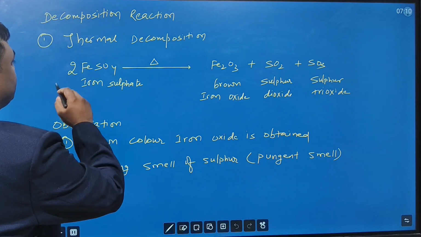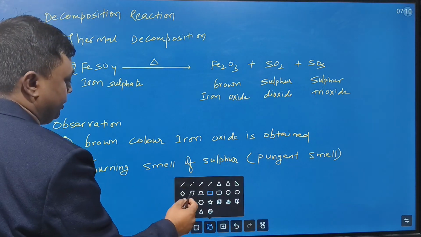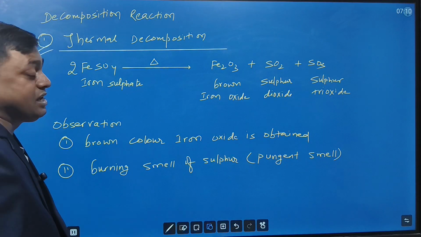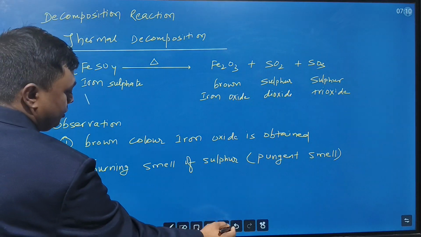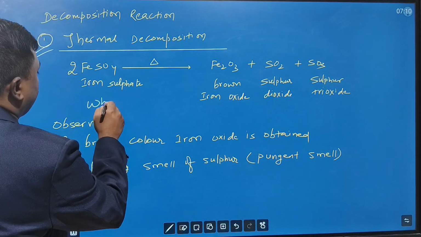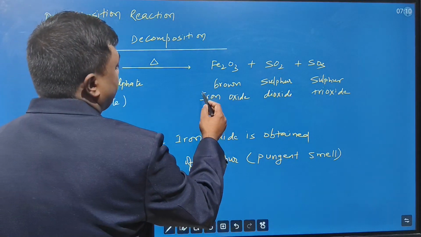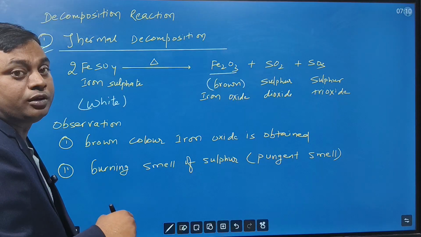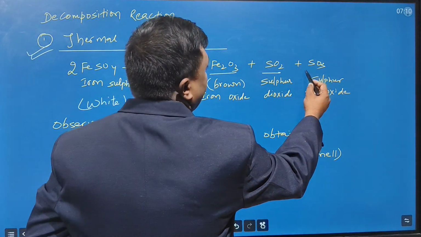They may ask you what the observations are. Another example of thermal decomposition which is very important to remember: when you heat iron sulfate salt, which is a white color salt, in a test tube, what observations will you get? You will get brown color iron oxide Fe2O3 along with a burning smell of sulfur, that is a pungent smell due to the formation of SO2 and SO3.